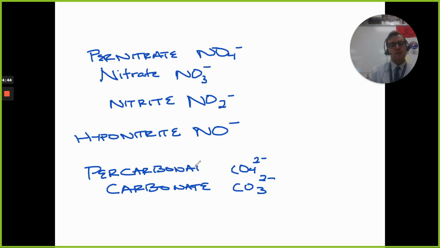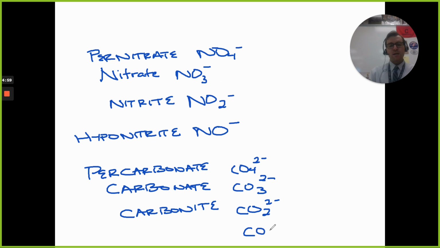So percarbonate. We can take away an oxygen, keeping the same charge. And instead of carbonate, it becomes carbonite with that ite. And we can also take away two oxygens. And if it's two changes from what we're used to, we get that prefix hypo in front of carbonite, telling us there's two less oxygens.